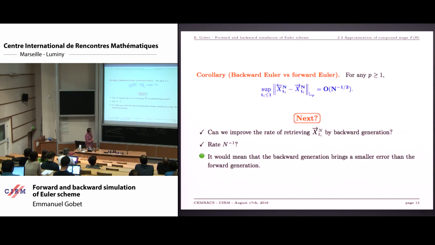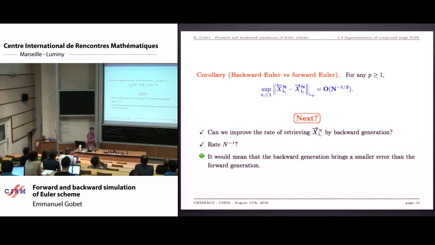And of course, as a corollary of this, the distance between the backward Euler scheme and the forward one is still of order 1 over square root n. So now what we would like to do is to be more accurate than this, to maintain a better accuracy than 1 over square root n. 1 over square root n is just the distance between the usual forward scheme and the SDE.